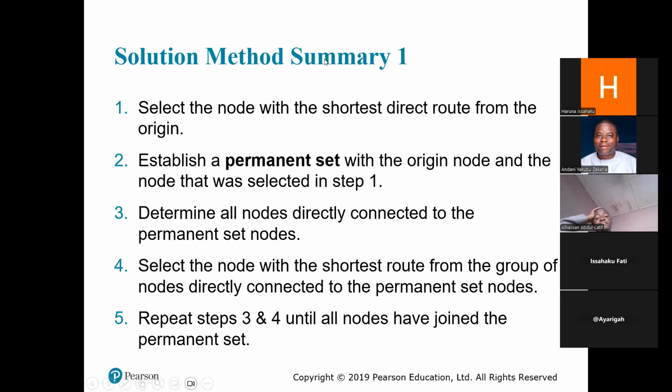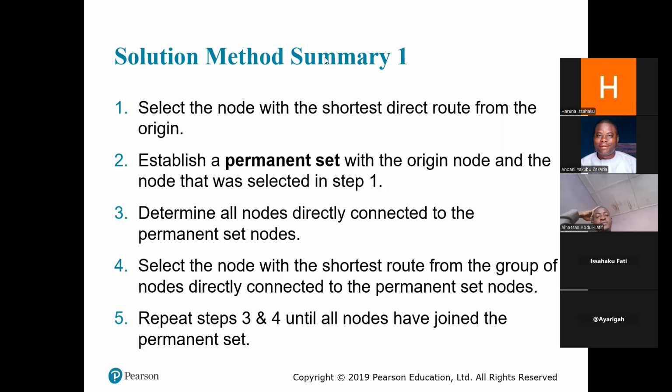So a summary of how the problem is solved. So first, you select the node with the shortest direct route from the origin. Then you establish a permanent set with the origin node and the node that was selected in step 1. Then you determine all nodes directly connected to the permanent set nodes. Then step 4, you select the node with the shortest route from the group of nodes directly connected to the permanent set nodes.